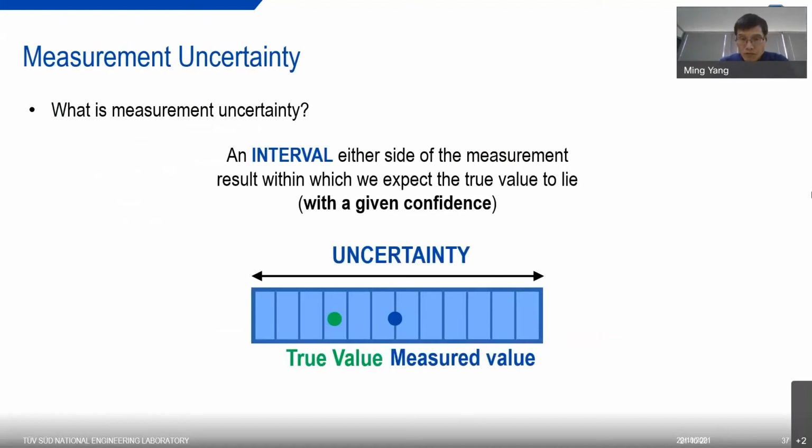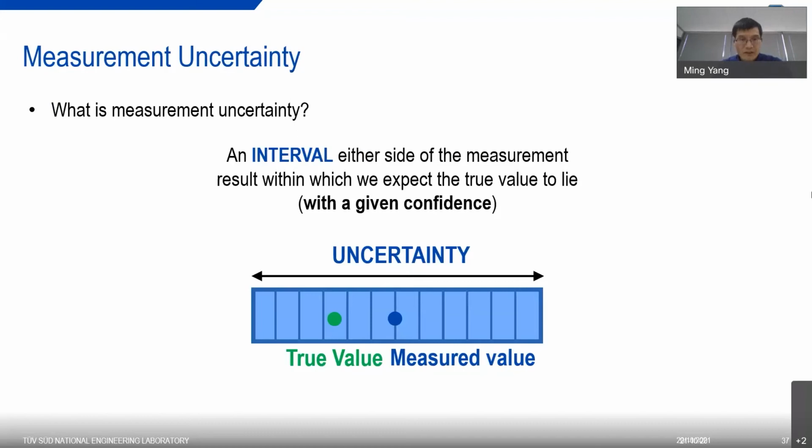But is that value the true value? I highly doubt it. So to quantify, if you like, your doubts, this uncertainty is introduced. Uncertainty is effectively an interval, either side of the measurement, within which you can expect the true value to lie with a given confidence.